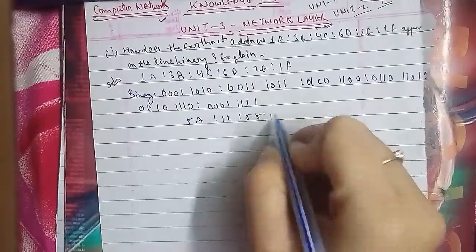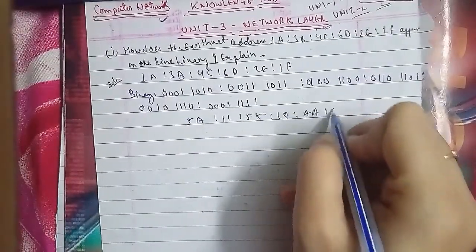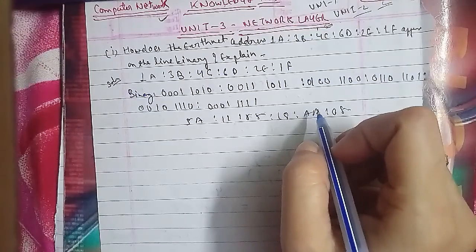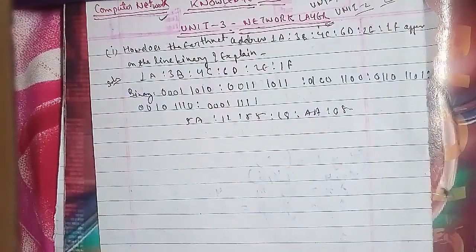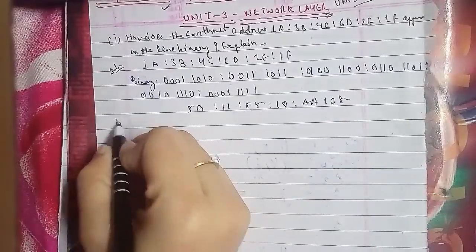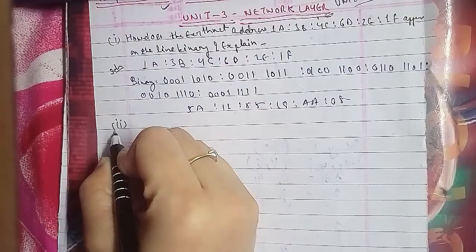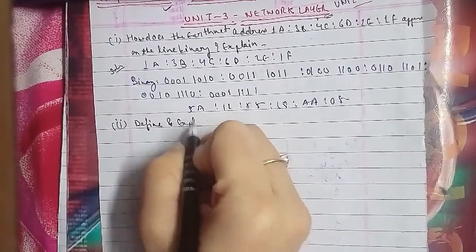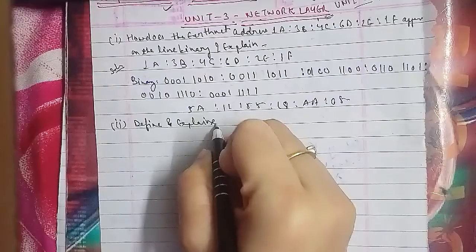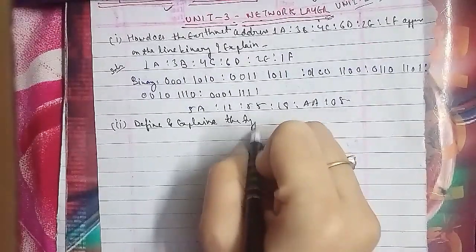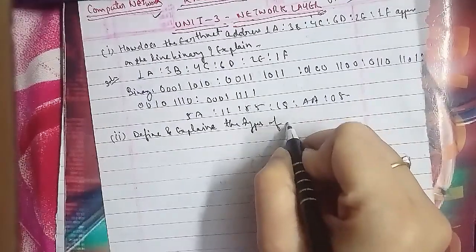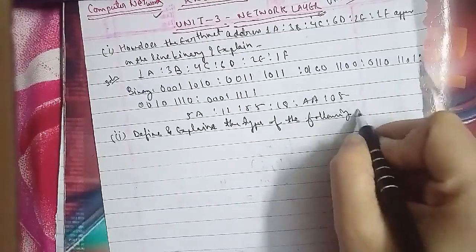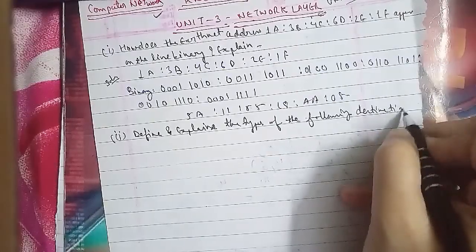The second part that has been asked is: define and explain the types of the following destination addresses: ff, then again ff, ff, then again ff, then again ff, and then again ff.